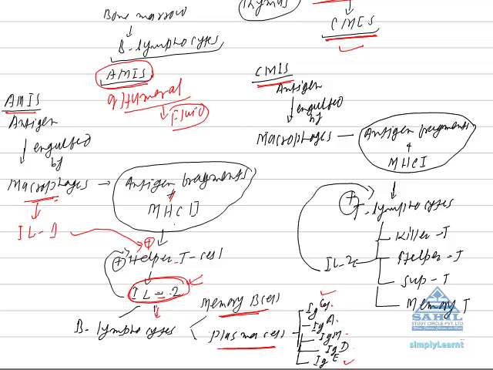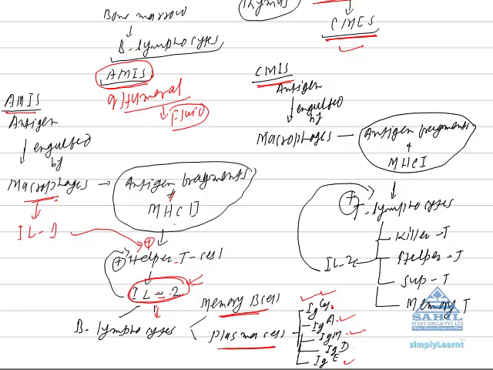Of these, the smallest antibody is IgG. The largest antibody is IgM. IgA is also called secretory antibody because it is present in most of the secretions of the body. It is second most abundant. IgM, because it is very large, a pentamer with very large molecular weight, cannot cross the placenta in spite of being present in the blood.